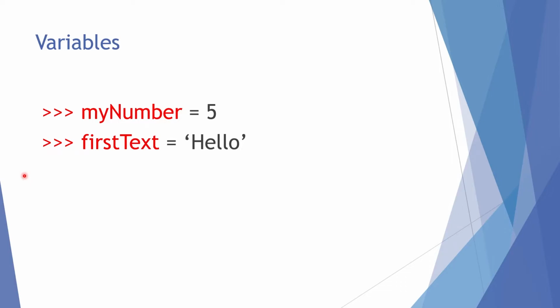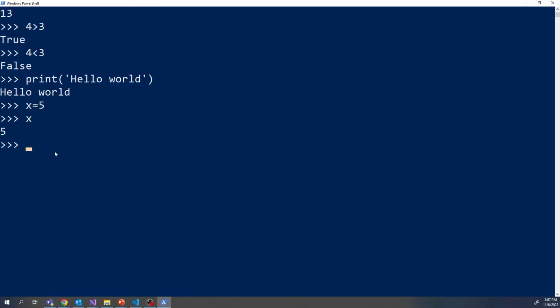Let's open a shell window and see how this works. So for example, we have x equals 5. Then we can retrieve it, and this will be displayed on the console. We can also declare two variables.